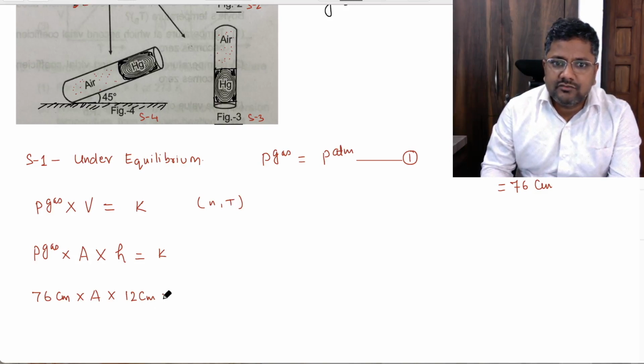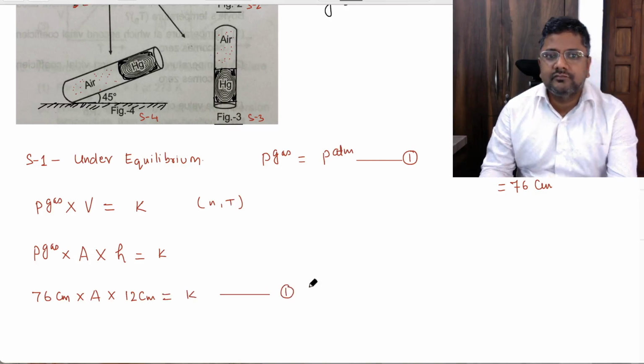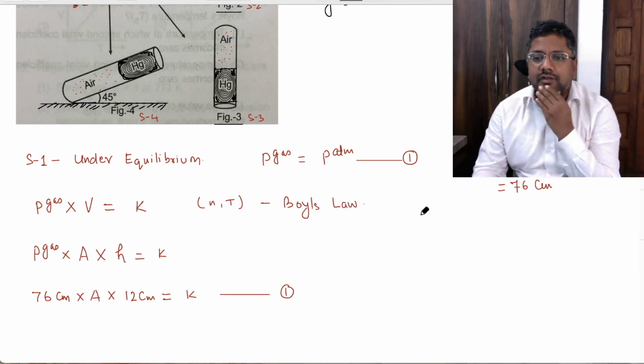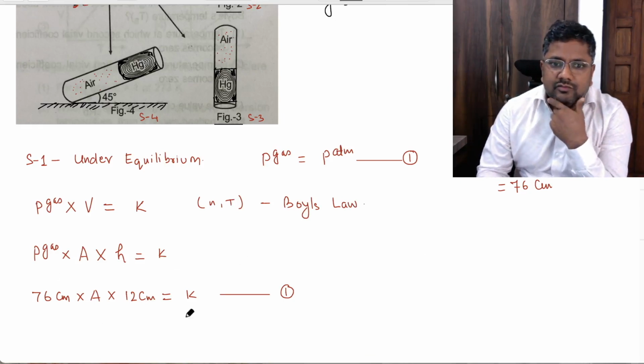This is equal to K, equation 1. So Boyle's law, here I have applied Boyle's law. Clear to everybody?